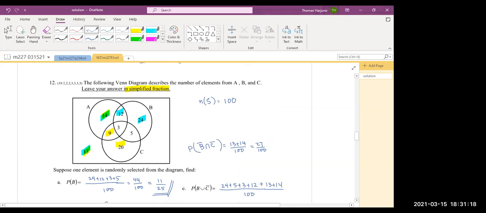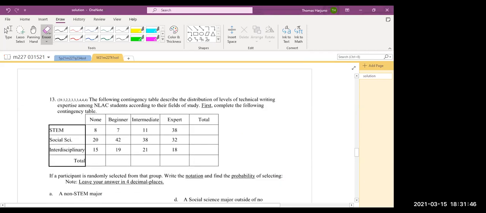The strong point of this Venn diagram is you can deal with 3 different groupings. So let's say A is male and female, B is whether they take math or not, and C is full-time or not full-time. With the contingency table, you have only 2 groupings here. The first one is the levels of technical writing, and there are more than 2 levels.